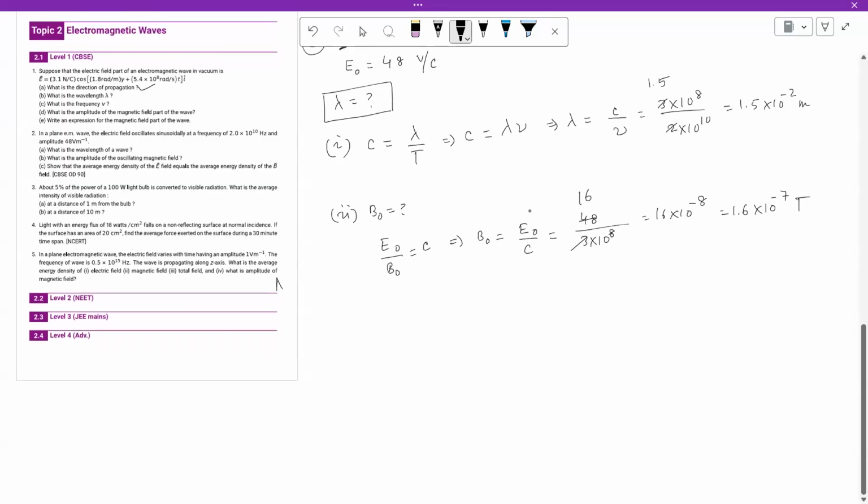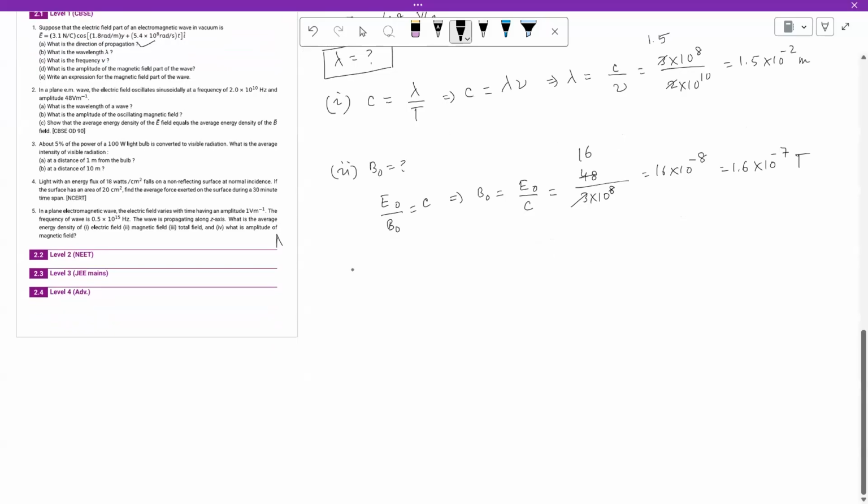Okay, now we need to show that the average energy density of the electric field equals the average energy density of the magnetic field, right? Do you remember what the average energy density of the electric field is? No. So this is half epsilon naught E square, right?